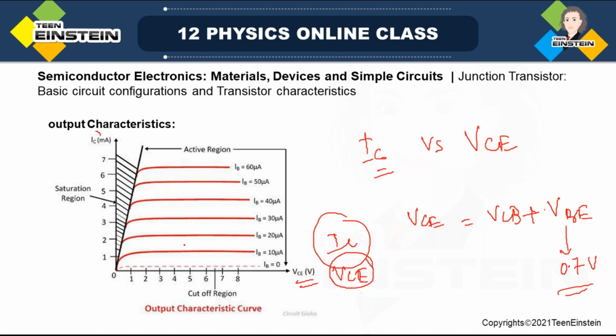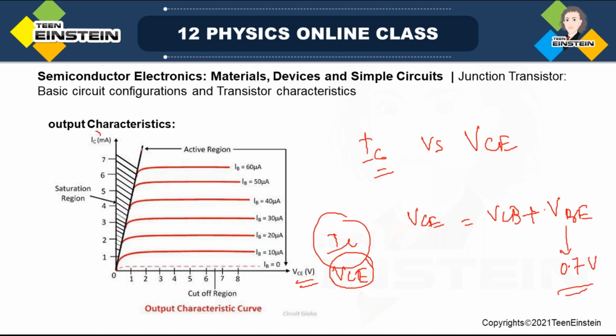and in this situation you can see that both the junctions are forward bias. Collector emitter junction is forward bias, and base emitter junction also will be forward bias. Okay, so that's why when both the junctions are forward bias, both the terminals are forward bias, input and output, then that is called saturation region.